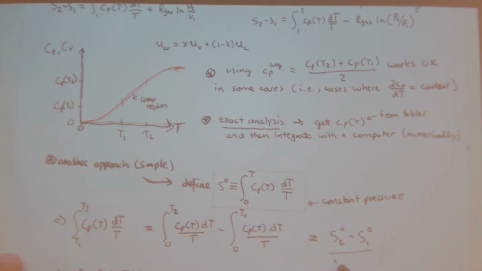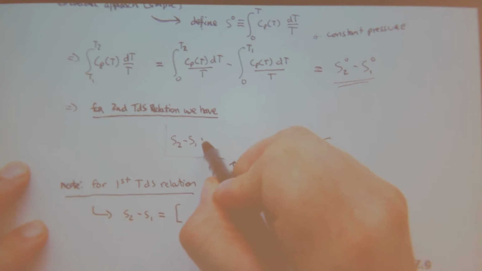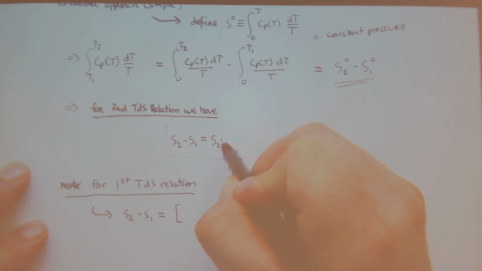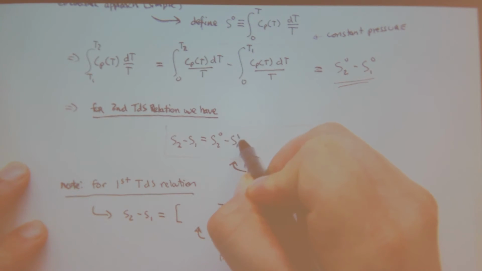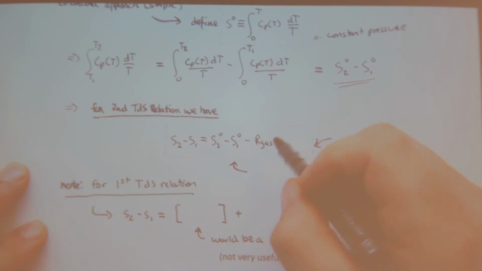Using this type of analysis, I can use these values for my S2 minus S1. So I have S2 minus S1 equals S2 zero minus S1 zero minus R gas natural log P2 over P1.